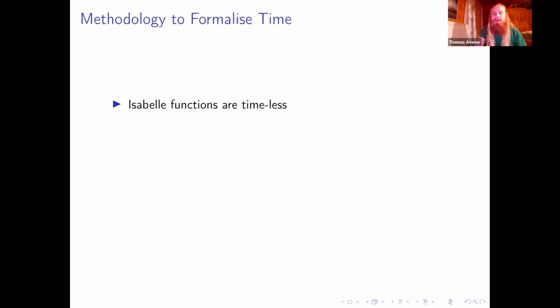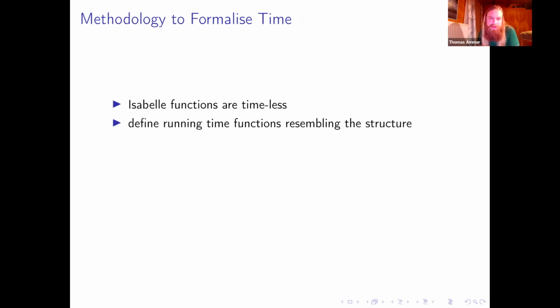So the algorithms, including Orlin's, were formalized as Isabelle functions. And these are timeless, they are purely mathematical. So what we then need is to define a notion of time on our own. And right now, we don't want to go for a formal model of computation.